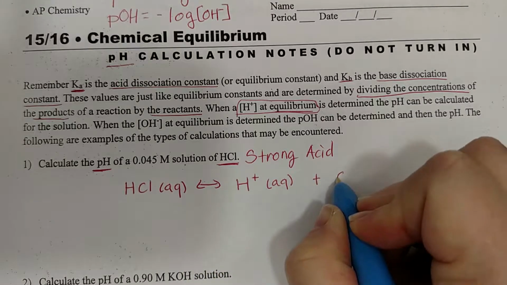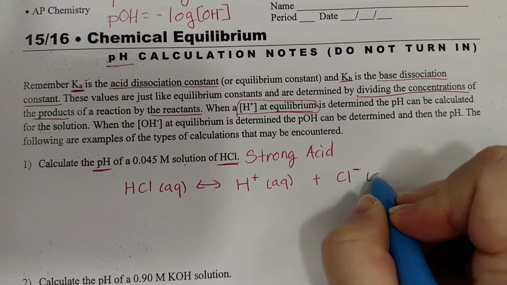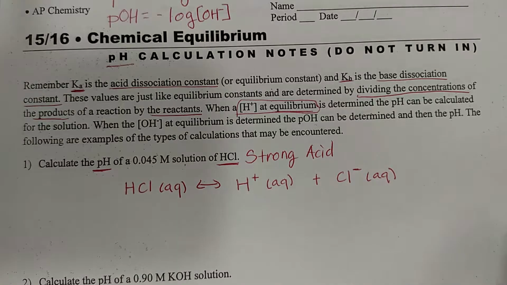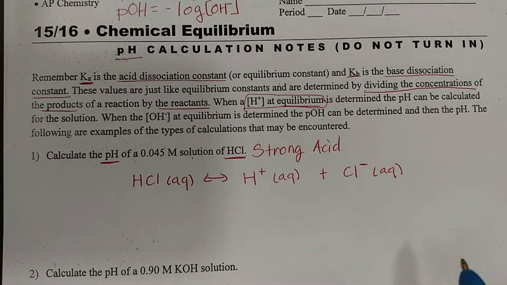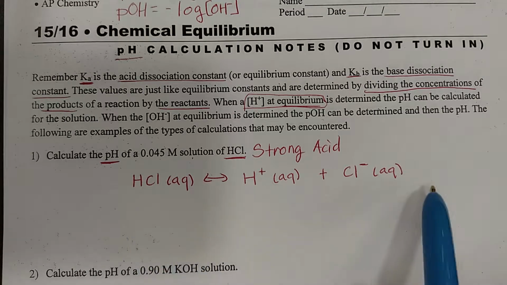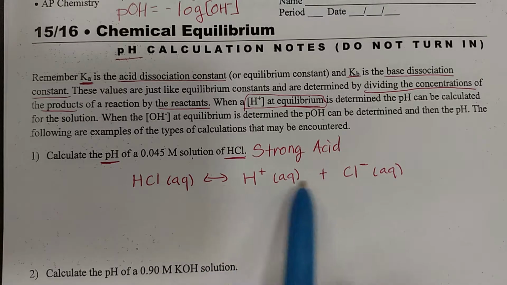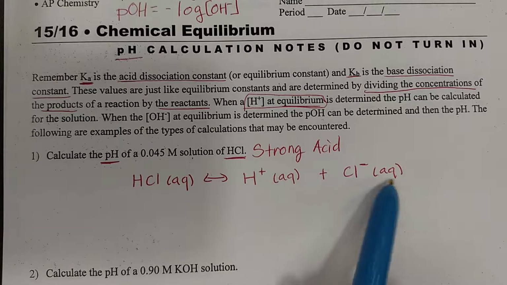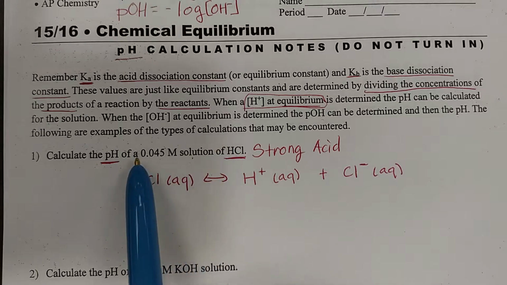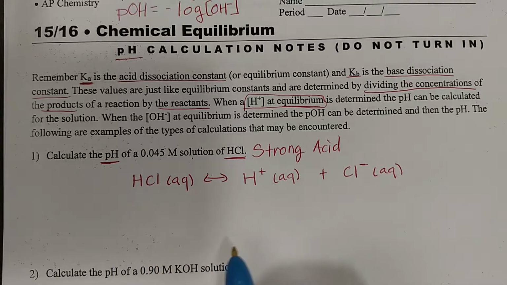These are all aqueous because they're all dissolved in water, and we get the chloride ion. So we will be taking a look at how this solution is made and how much product we get from it, how much hydrogen ion, chloride ion we get, and really how that determines our pH of the solution.